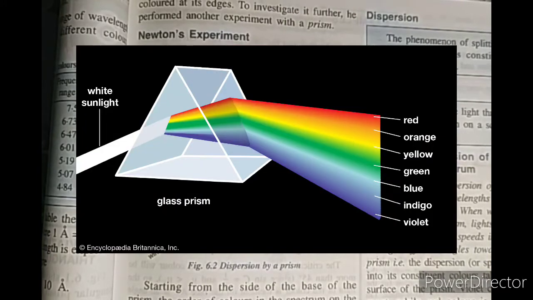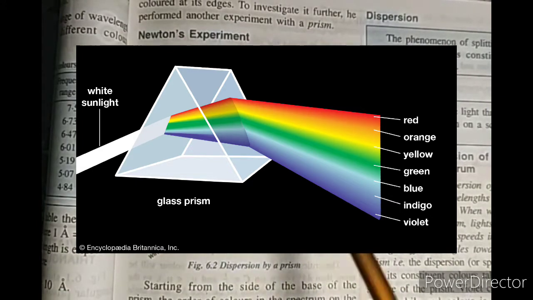Here, as you can see in your book and in the image, this is how the dispersion of color takes place. This process is known as dispersion. So what is dispersion? The phenomenon by which white light splits into its constituent colors by a prism is known as dispersion.